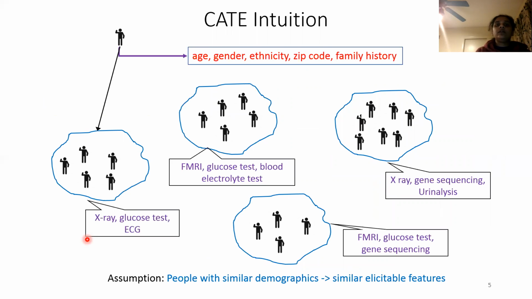Elucidating more on the intuition for GATE, which is our proposed approach, we build on this very simple intuition that people with similar demographics are more likely to have similar elicitable features.